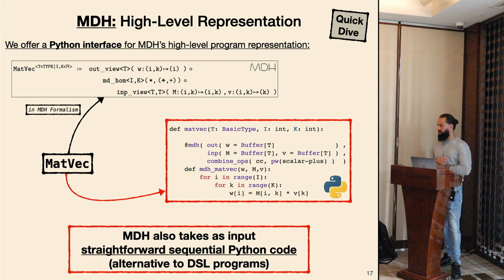But there it just says M is buffer T. How do I know that M is of sufficient range? You have down there your index M by IK, right? Exactly. And how do you know that the range, capital I, matches the dimensionality of M?